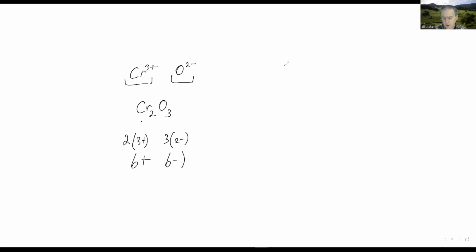Now you can run into issues, as they show in the book, where you have lead 4+ and oxide ion 2 minus, and you bring this down and you're going to get Pb2O4, right? I brought the 4 down here and the 2 down here. But this is not to the lowest common denominator, and so you want to write this as PbO2.